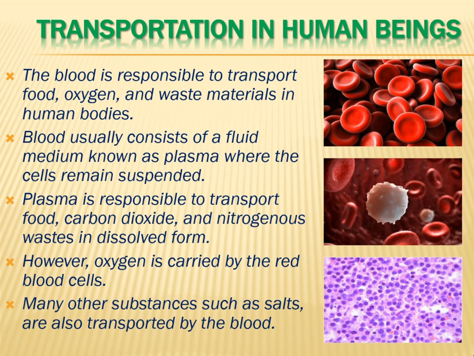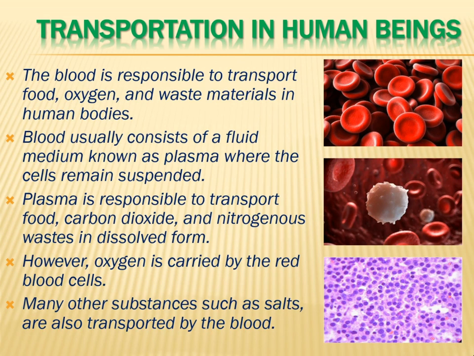Now, let's read what it defines. The blood is responsible to transport the food, oxygen, and waste materials in human bodies. So this we have now discussed, that blood is simply responsible to transport all kinds of food, oxygen, and waste materials in our human bodies.